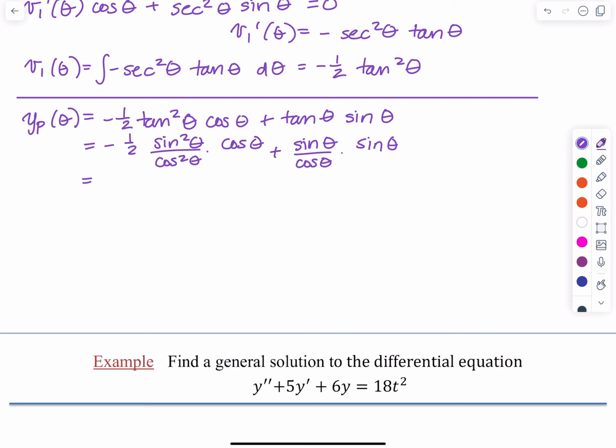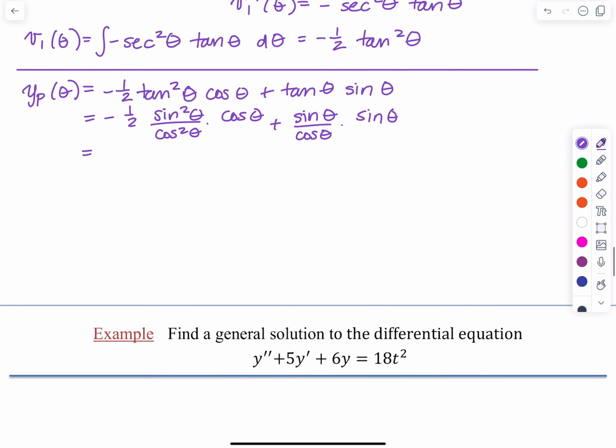And so you can see that this is equal to negative 1/2 multiplied by the sine squared theta over the cosine of theta plus the sine squared theta divided by the cosine of theta.